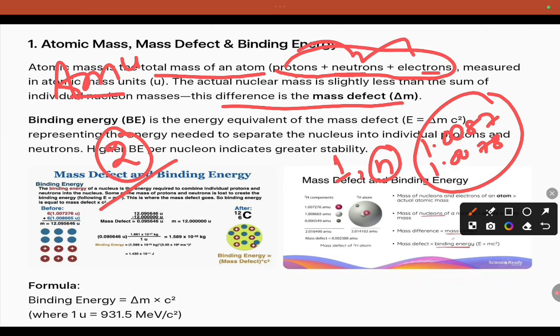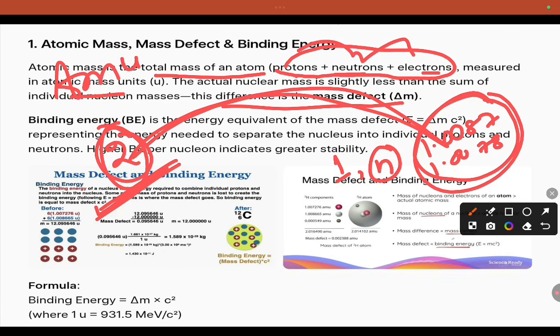The actual mass of the hydrogen is how much? 2. But here it is more than 2. So this difference we consider as mass defect. That is the difference between the parent nuclei and daughter nuclei mass, known as mass defect.